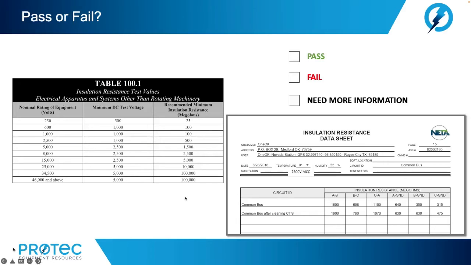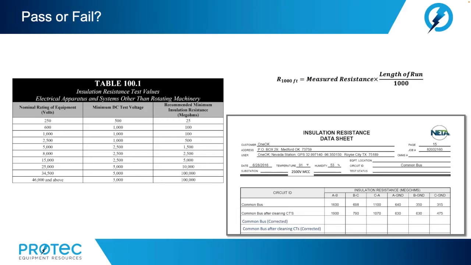Well, if you answered need more information, you are correct, because what we have just learned is that length needs to be applied to our decision in order to use the reference tables appropriately. Therefore, if we're using the NETA table, we need to correct for 1,000 foot lengths.